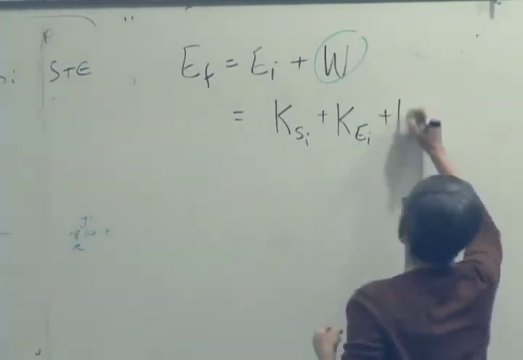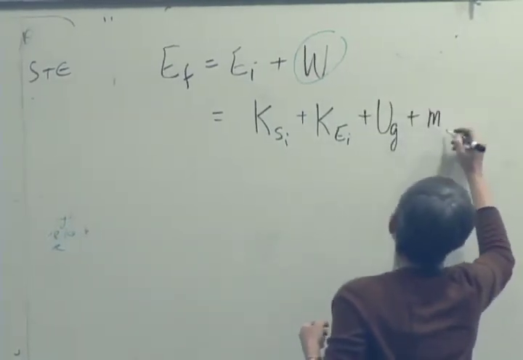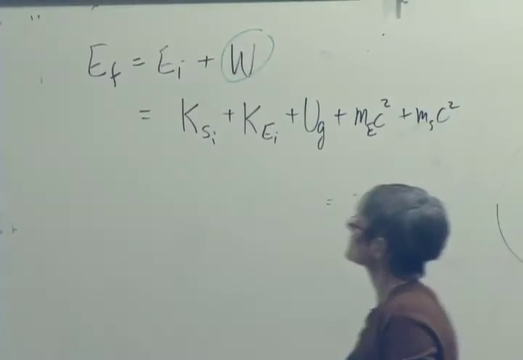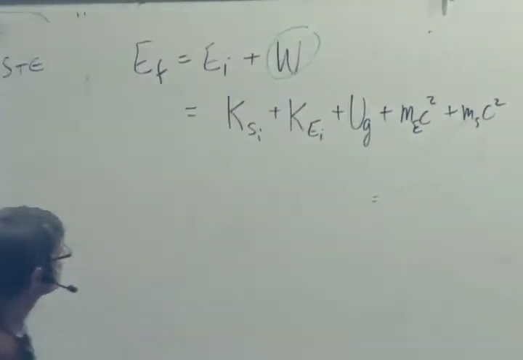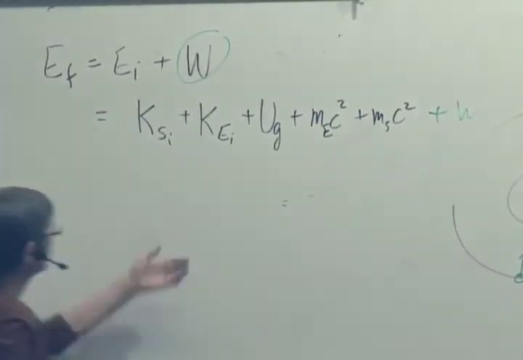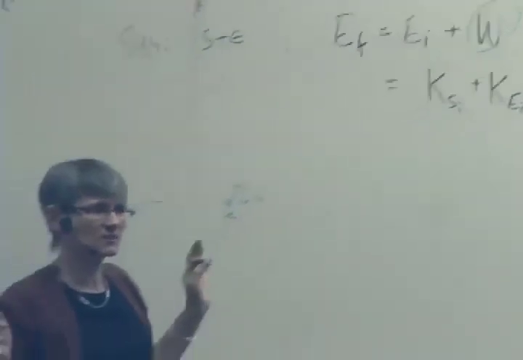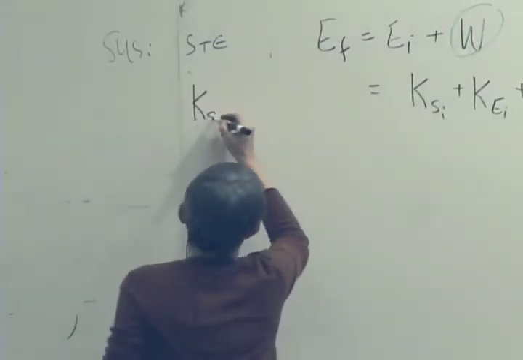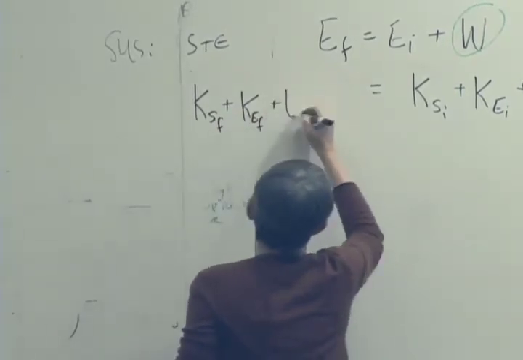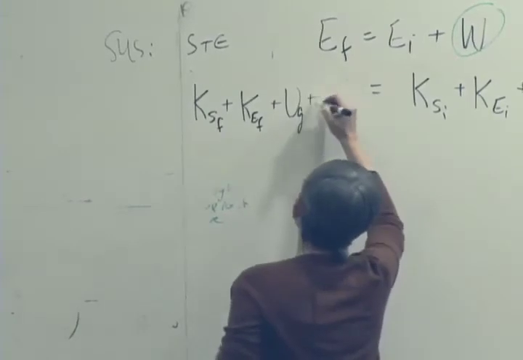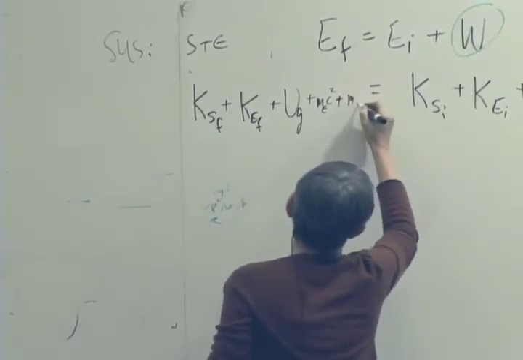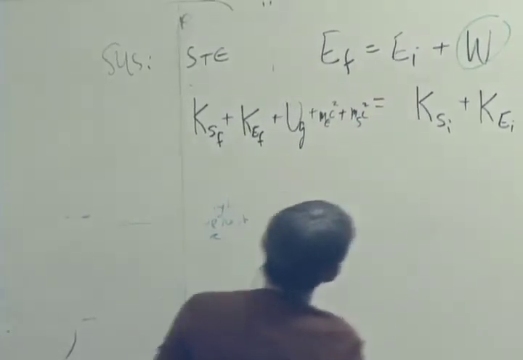The gravitational potential energy, and the rest energies, mass of the Earth c squared, mass of the satellite c squared, plus work. On the other side we have all the same terms except the work: final kinetic energy of the satellite, final kinetic energy of the Earth, final gravitational potential energy, and final rest energies.